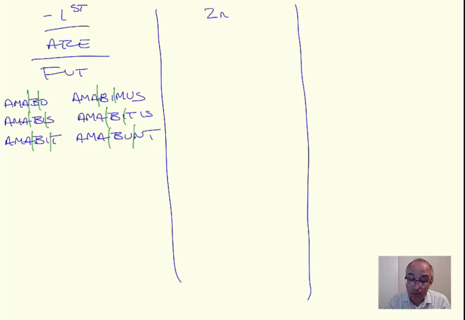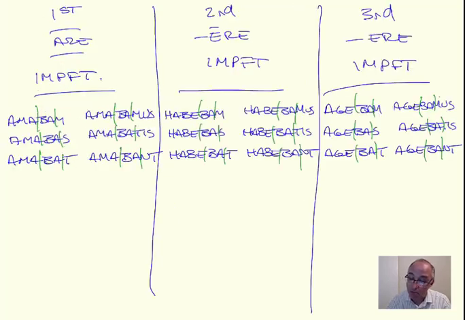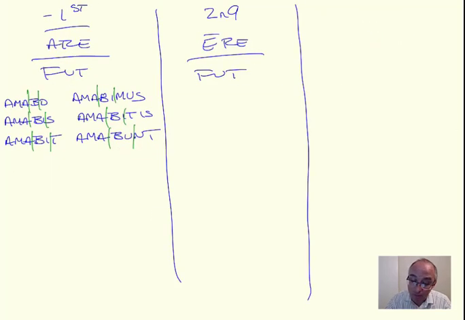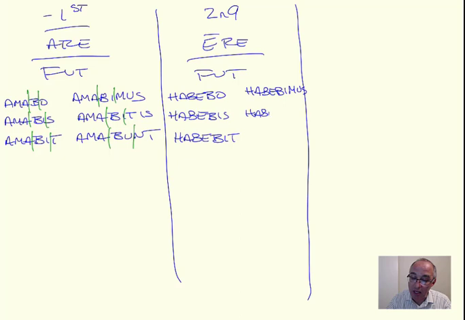Second conjugation, ERE verbs, in the future. Habeo we used. Habebo, habebis, habebit, habebimus, habebitis, habebunt.